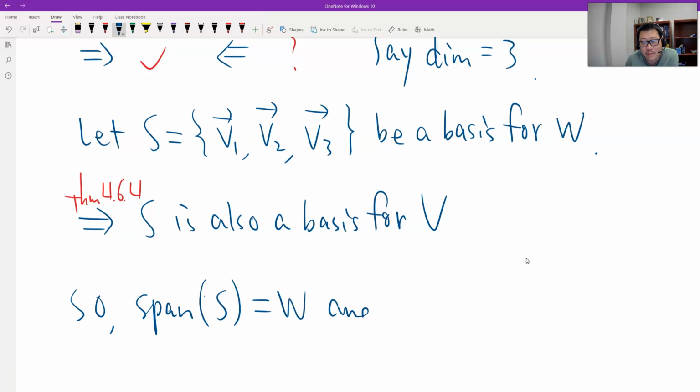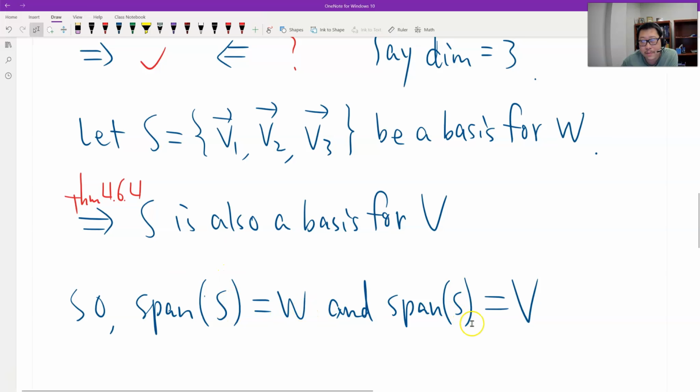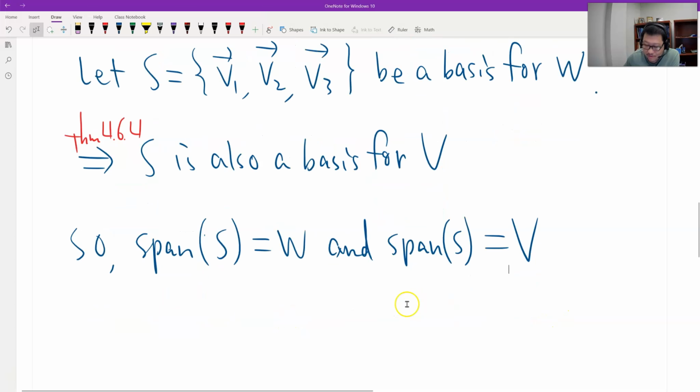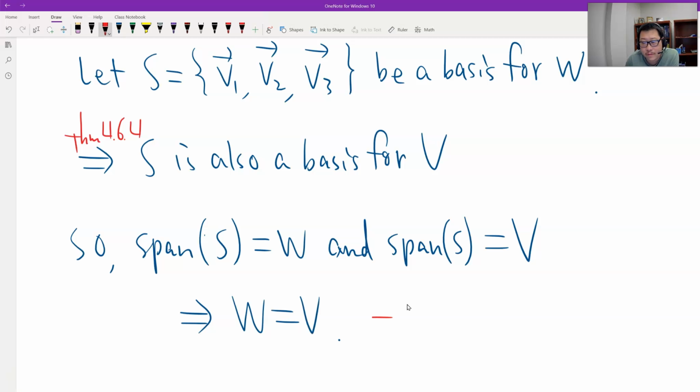And also the span of S equals V, because S is a basis for W, and S is also a basis for V. See what we have? The same set of vectors spans the same space. Therefore, W equals V. Okay, so this is the proof.